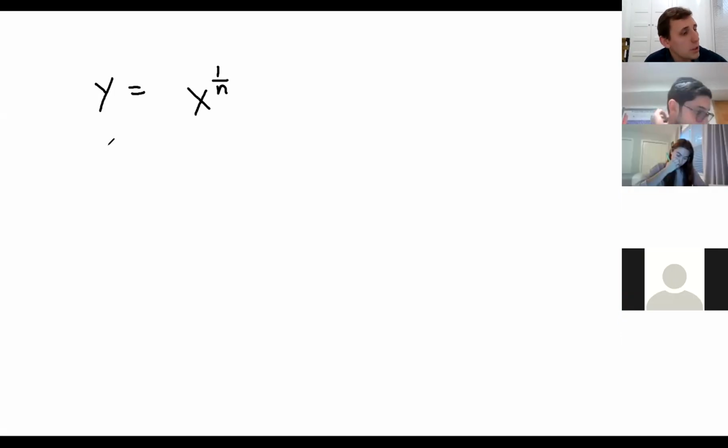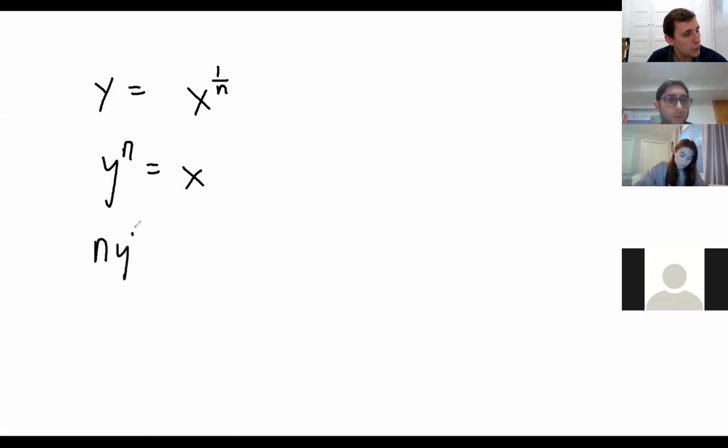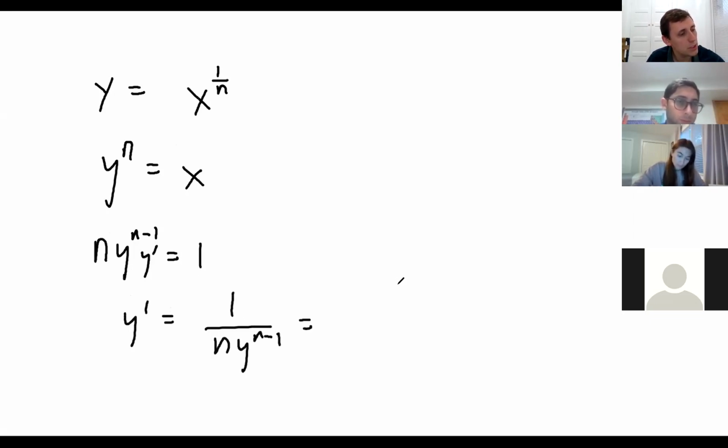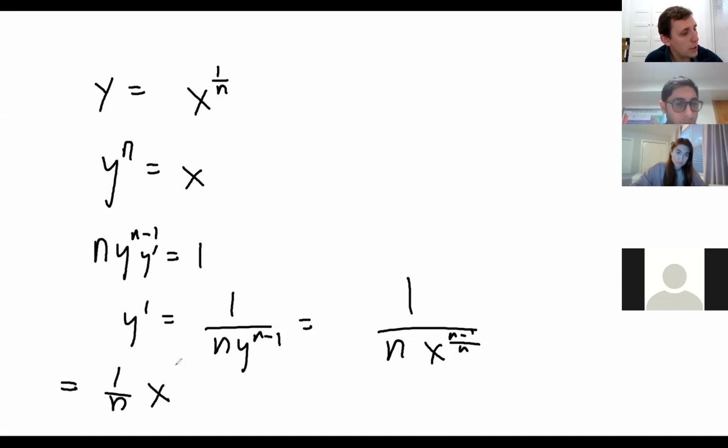So what we can do is say, okay, y to the n is x, which means n y to the n minus 1 times y prime is 1, so y prime is 1 over n y to the n minus 1, which is 1 over n x to the power of n minus 1 over n, which gives us the familiar formula 1 over n x to the power of 1 over n minus 1.